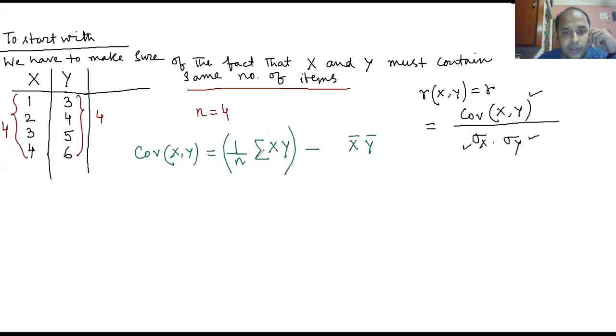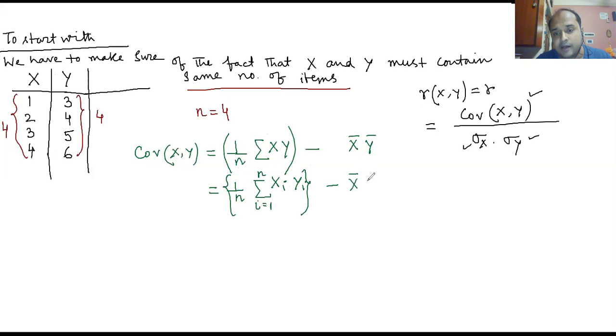If you want to write the subscripts, you can write it this way: 1 by n, summation i goes from 1 to n, because the summation is taken over n items, xi and yi. This will be more specific. And then x bar and y bar.